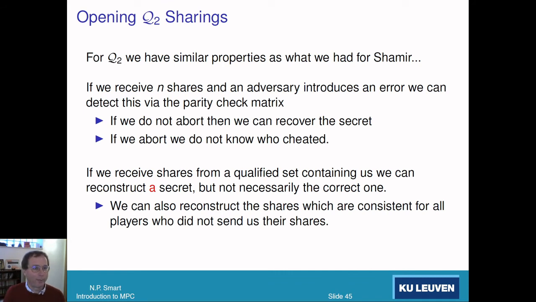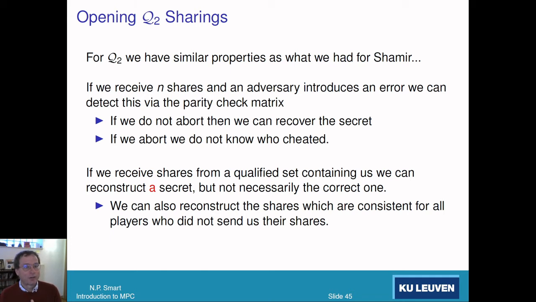Now what we come to is how do we open Q2 sharings. We've got similar problems to those we have for Shamir. If we receive n shares and one of those people is an adversary and has introduced an error, we can detect this. The way we did that is via a parity check matrix.